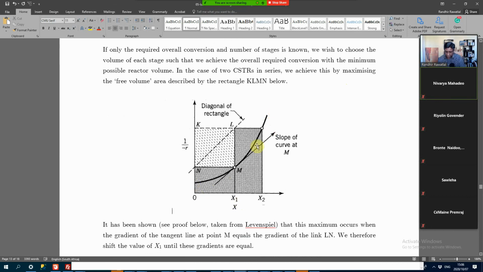In this case, our case is a bit different. You've got some Levenspiel curve, and you know what final conversion you want to accomplish, and you are free to choose the intermediate conversion. So you can pick any conversion for the first CSTR, and that then defines each volume. And we want to make a good choice for x1 such that we get the smallest total volume.